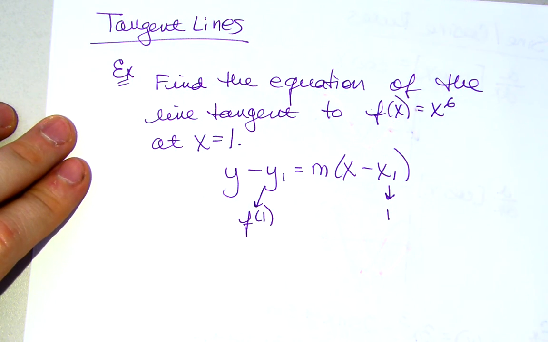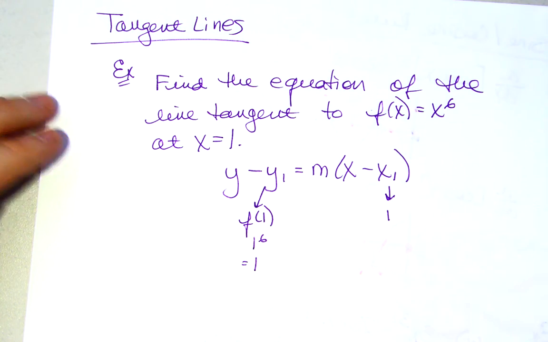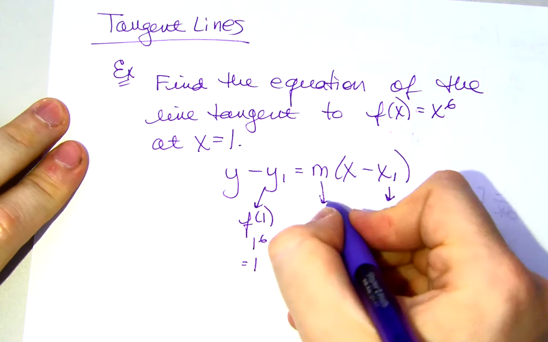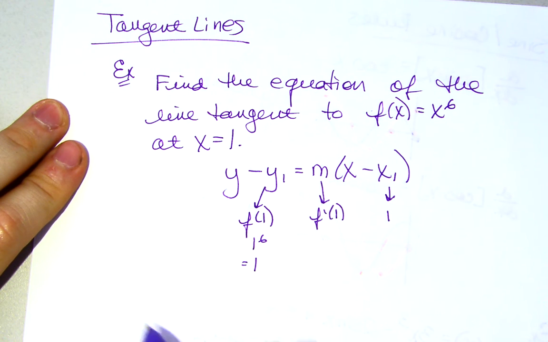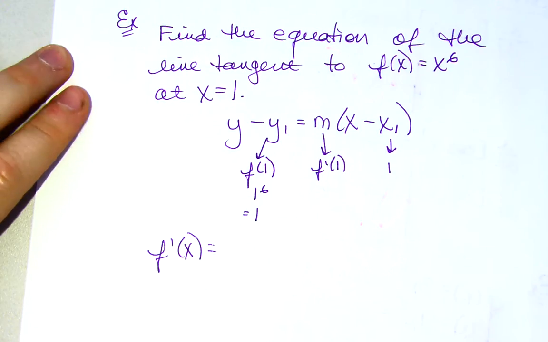Okay, so what's y1? What is y1? Oh, good. Slope comes from what? The derivative. So I need to find f prime of 1, which means I think I need to first find f prime of x. Well, f of x was x to the 6th.